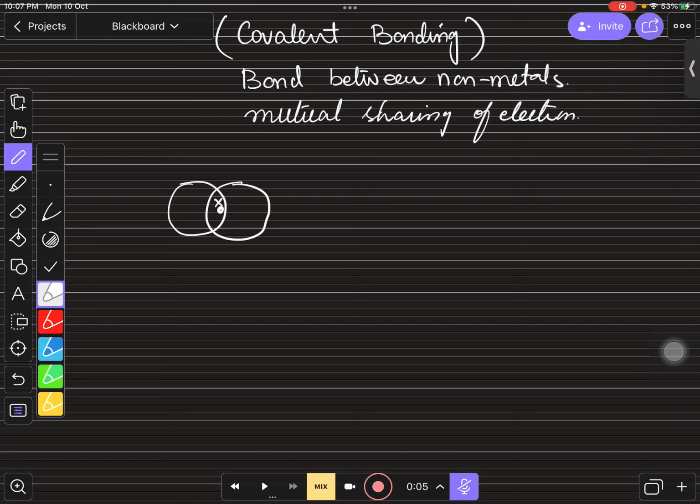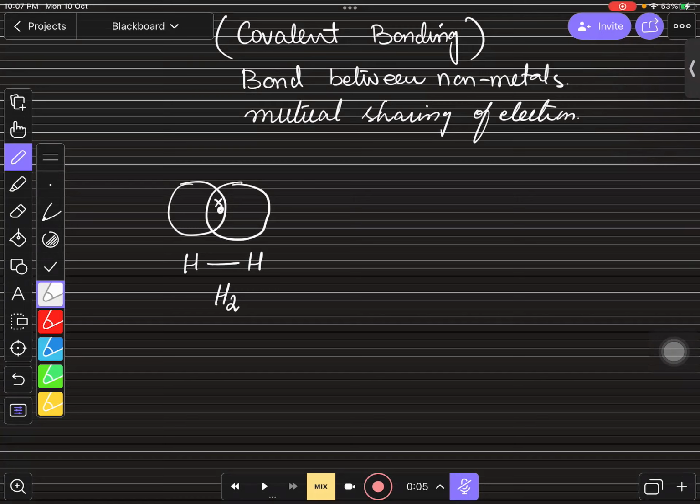So these two electrons are going to be shared between two non-metals, and in this way hydrogen shares its electron with a second hydrogen, and they will form what? A hydrogen molecule, right? So this is a hydrogen single bond, and this is actually a single covalent bond, and by this the hydrogen molecule is going to be bonded and formed, right?